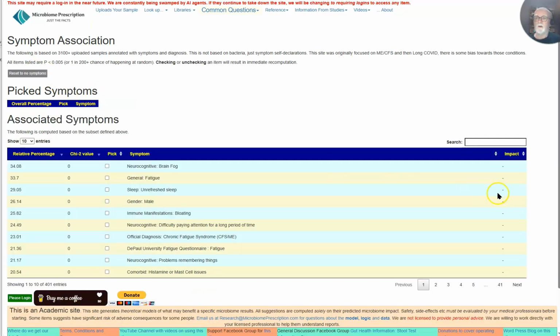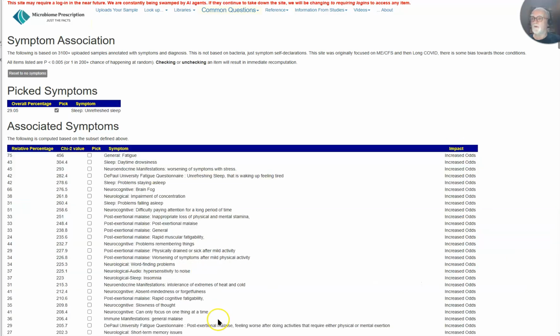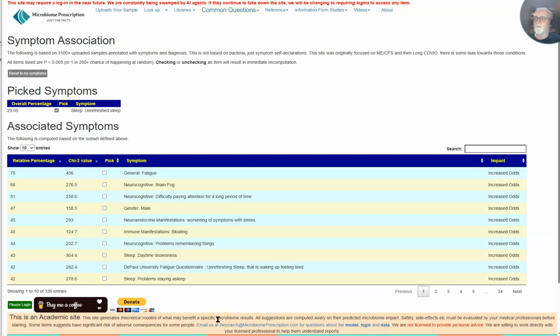If we go back here and look at unrefreshed sleep, we see that only 30% of people in the sample have unrefreshed sleep. But when you add in some of those conditions, then the percentage of people who have that condition jumps up to, in this case, 78, 80%. In other words, unrefreshed sleep ends up filtering the groups to a whole bunch of things.